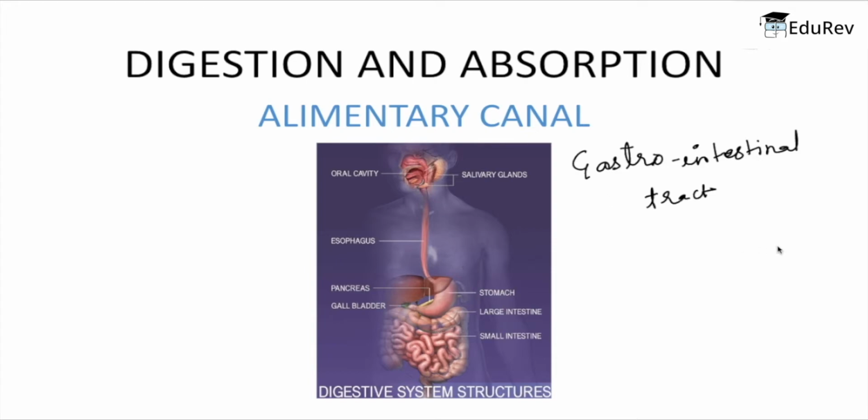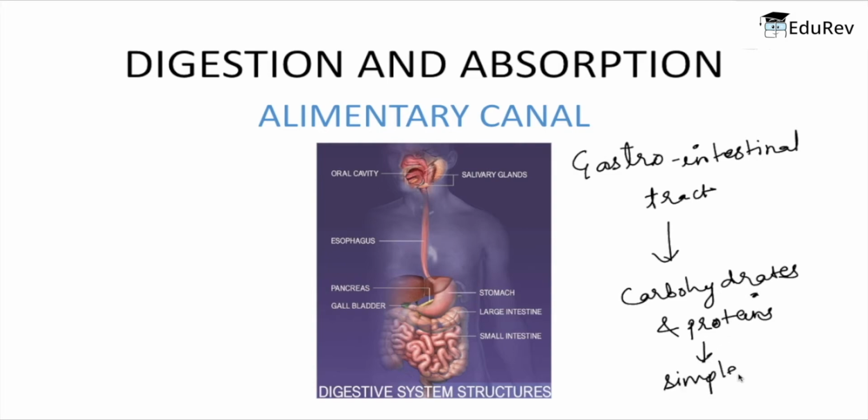Our gastrointestinal tract helps in breaking down carbohydrates, proteins and many other nutrients that we have just discussed into simpler forms so that our body can digest and absorb them.